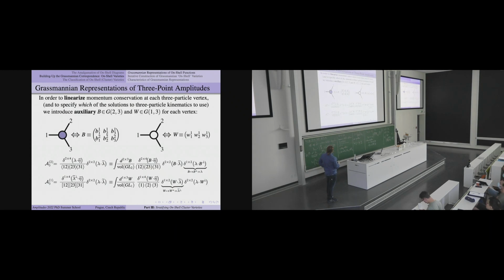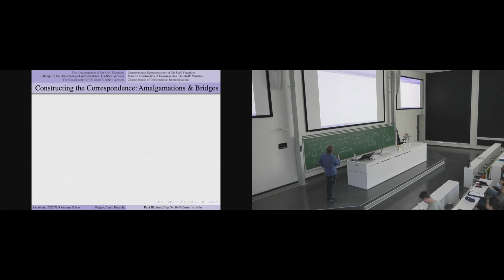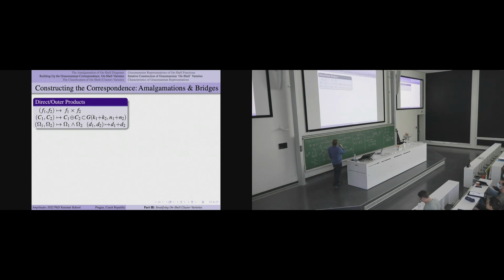And this volume form that we get, what happens when you just multiply them together? The volume forms just add. There's a parameter called d here, which is counting how many parameters there are in this form. Actually, let's not even count independent ones, let's just count the number of parameters in it. So let me illustrate this. Let's say I want to construct the factorization channel representation inside this Grassmannian thing.